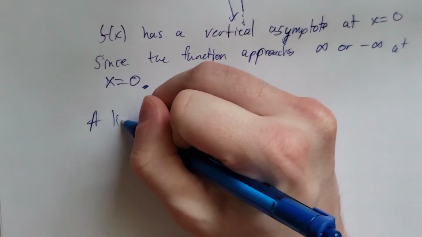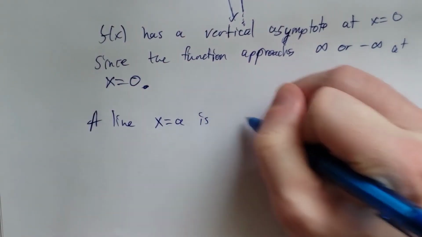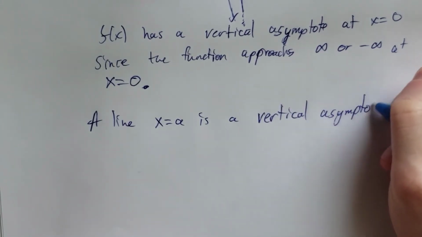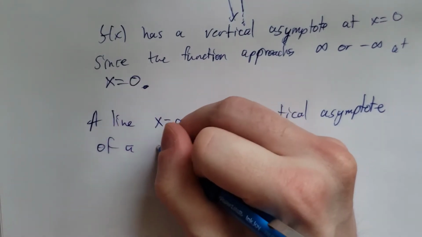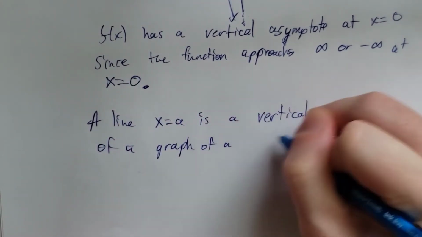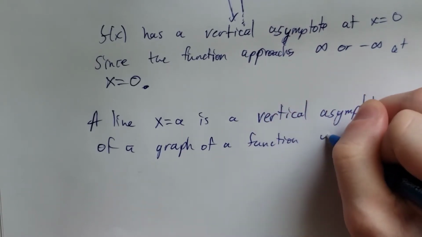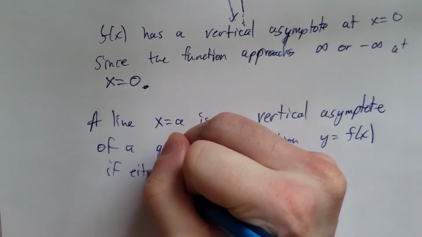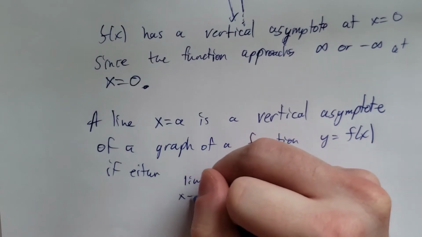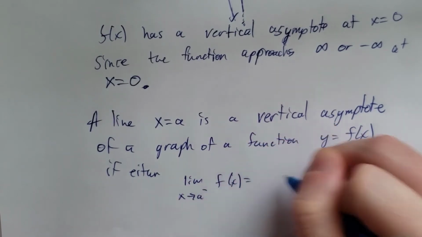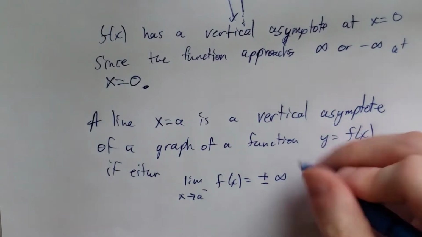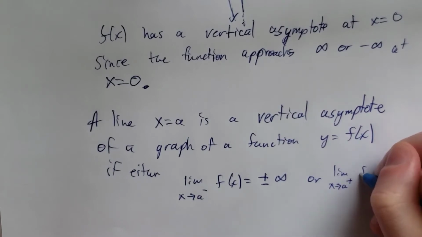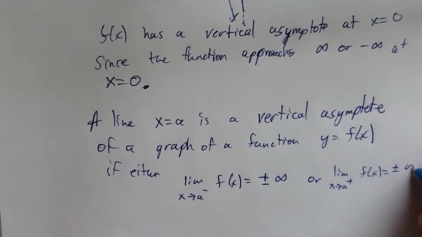So a line x equals a is a vertical asymptote of a graph of a function y equals f of x if either the limit as x approaches a from the left of f of x is equal to positive or negative infinity, or the limit as x approaches a from the right of f of x is equal to positive or negative infinity.